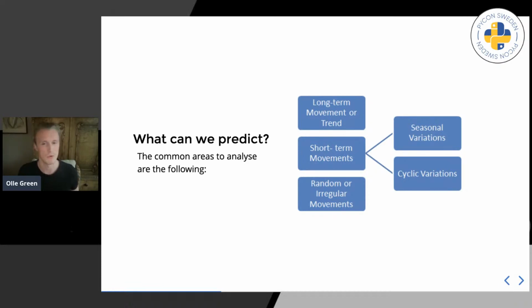So see if you can see some common trends over the long term. Short-term movements, that is broken down usually into seasonal variation. So for example, you can have holiday seasonality. So maybe there's more demand during Christmas time, and cyclical variations are different. Random and irregular movements, we come into something that we have much more difficulty to predict.